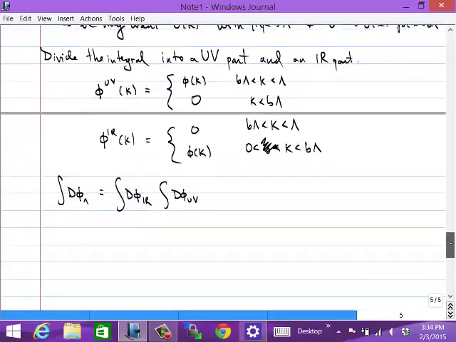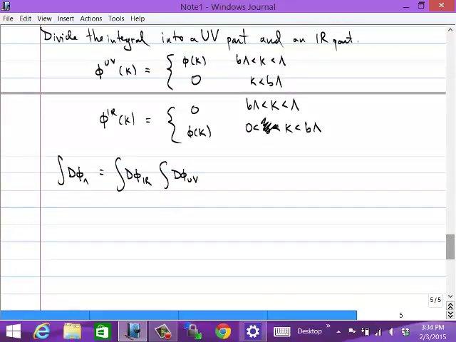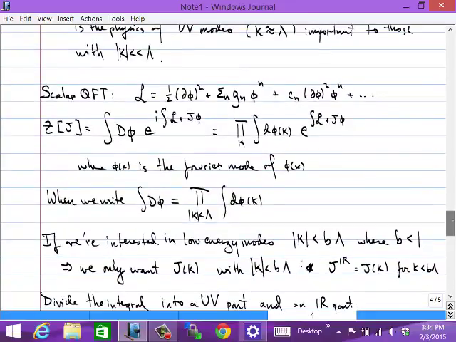So let's take a look at our expression for the partition function. We have an integral over d phi that we want to divide into a UV and an infrared part. And then we need to ask what happens to the Lagrangian and the interaction terms that appear in the Lagrangian.